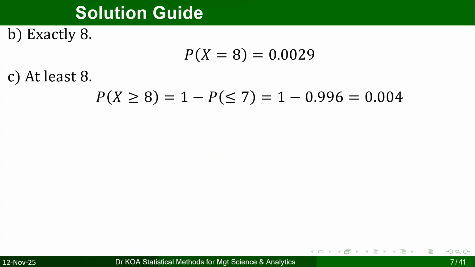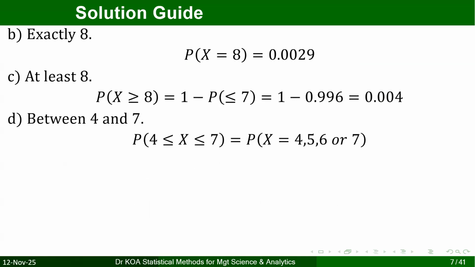Okay. Next one. Between 4 and 7. How will you work that, Jeffrey? Between 4 and 7. We have the probability of 4 from the earlier calculation, and the probabilities of 5, 6, and 7. You add them up. Very good. Excellent. So you take those that you've already done, and then you add all of them up.